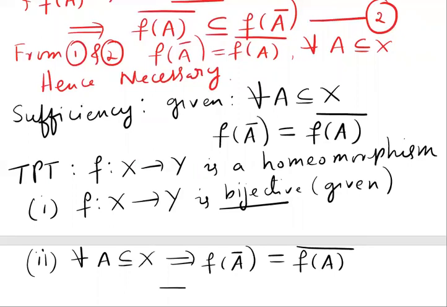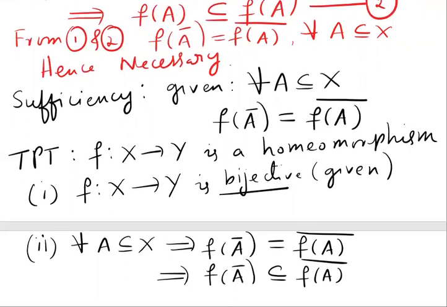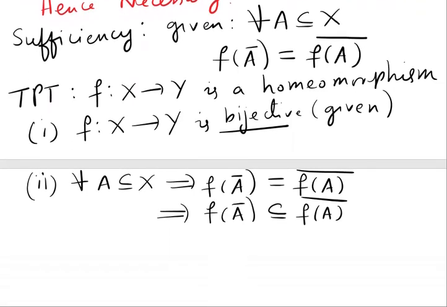Now can I take one side? One side is enough: F of A bar is contained in F of A whole bar, correct? So this implies the function F is continuous.